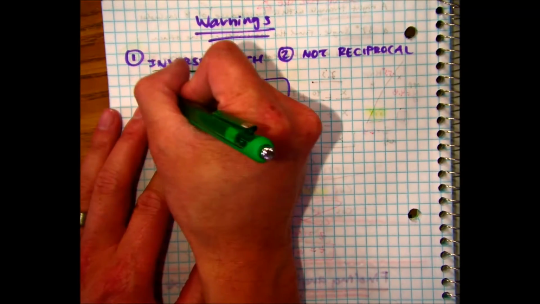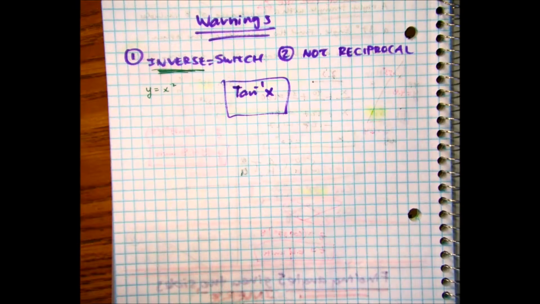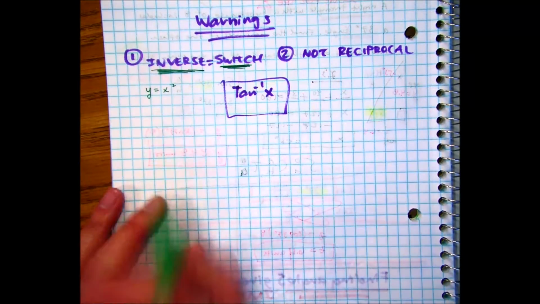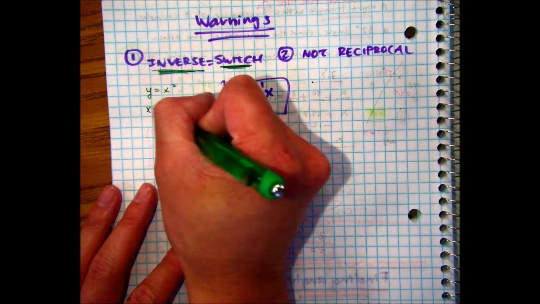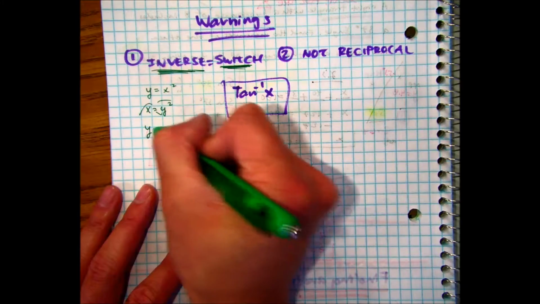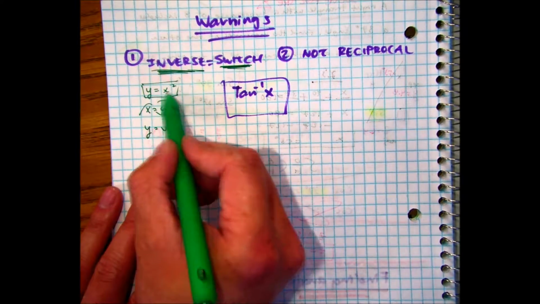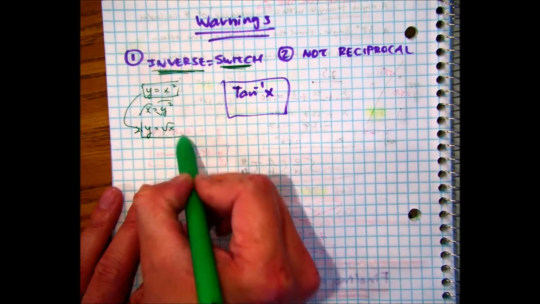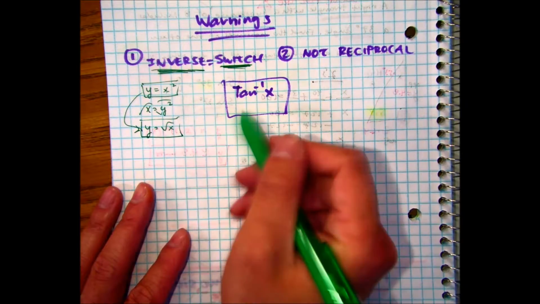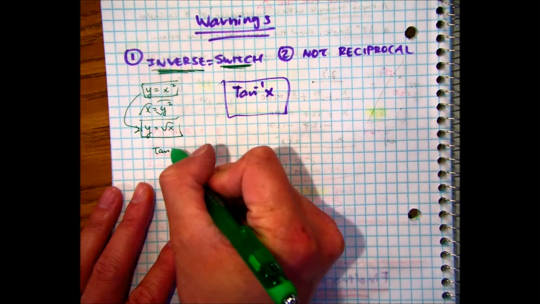If I asked you y equals x squared, and I ask you to find the inverse function, what did you do back then? You switched the x's and y's. You guys remember that? And then you solve for the y. So y equals x squared, its inverse is y equals the radical x. That was the inverse.